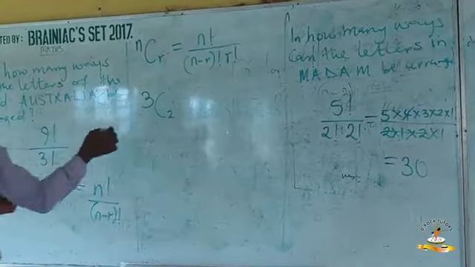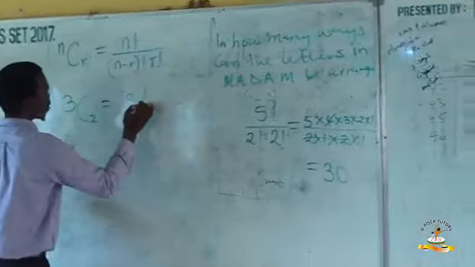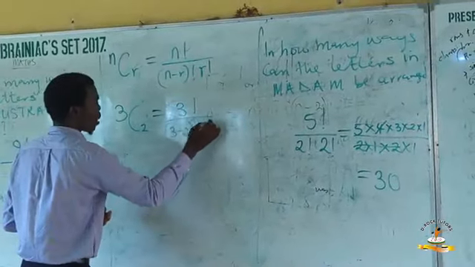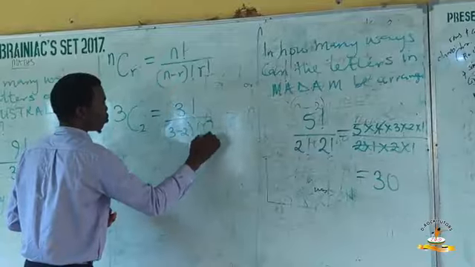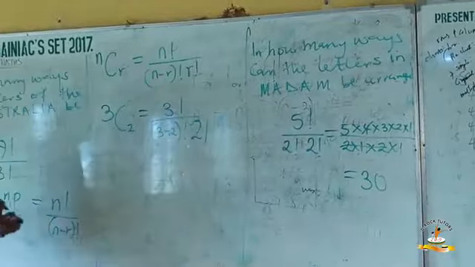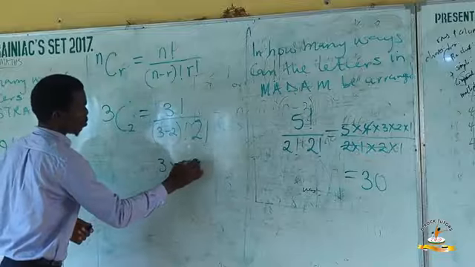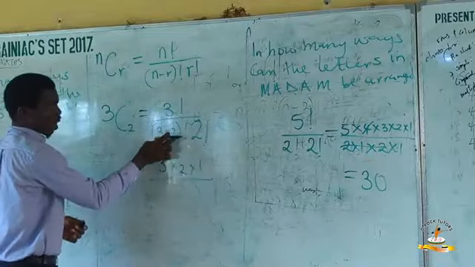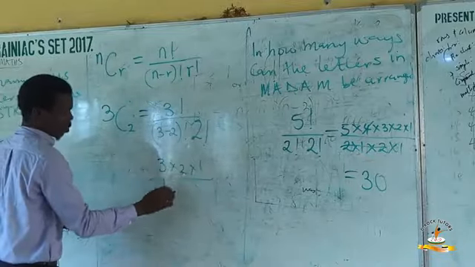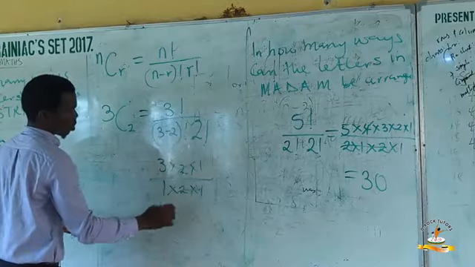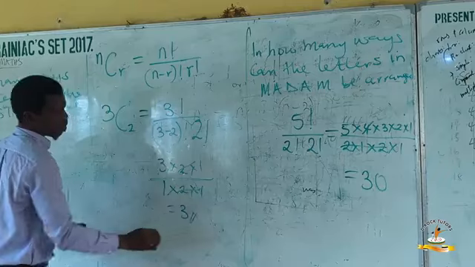So this is going to be 3 factorial all divided by 3 minus 2, right? Factorial, then what? 2 factorial. Which is 3 times 2 times 1, all divided by, here is 1 factorial, right? Which everybody knows is 1, times 2 times 1. And this is going to be what? 3. That's it.